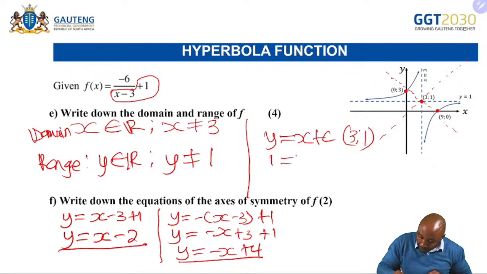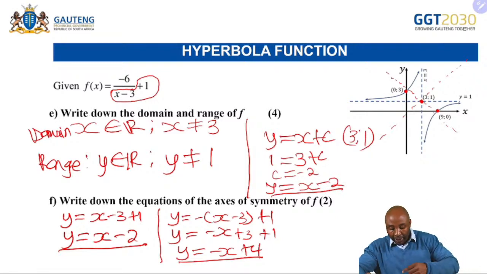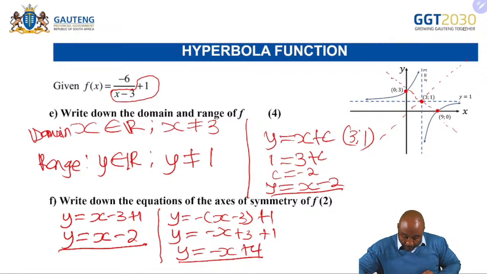So we'll have 3 plus c, and we get our c as negative 2. Then we easily get our equation as x minus 2. You can do the other one using this method. You should also be able to get the equation as negative x plus 4.